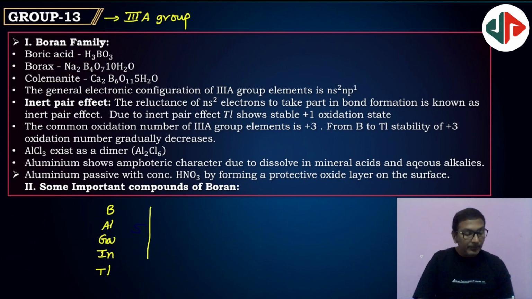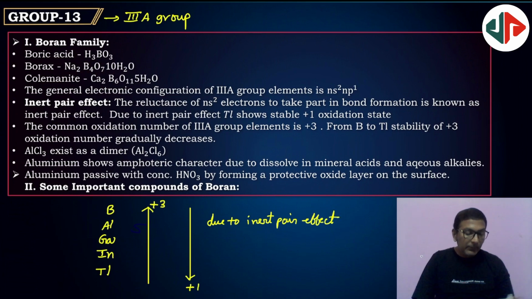From thallium to boron, the +3 oxidation state increases, and from boron to thallium, the +1 oxidation state increases due to the inert pair effect. Very important. For top elements the higher oxidation state, and for bottom elements the lower oxidation state, is stable.